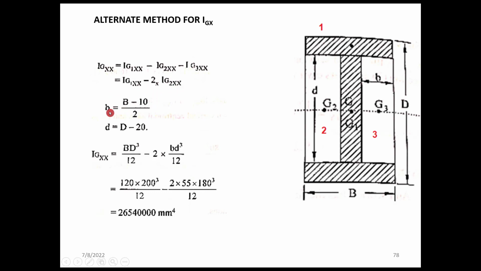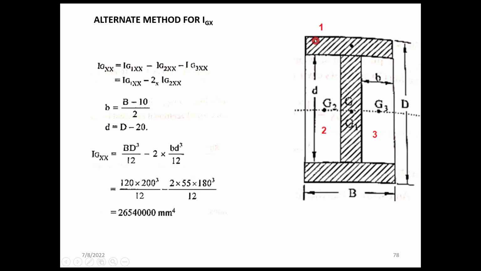So we have to find this small width B, which is equal to total B minus 10, where 10 is the width of this web, divided by 2, and small d is equal to total depth 200 minus 2 times the thickness. Thickness is 10, 10, so 20, and we don't want to divide it by 2 as these are only single values.